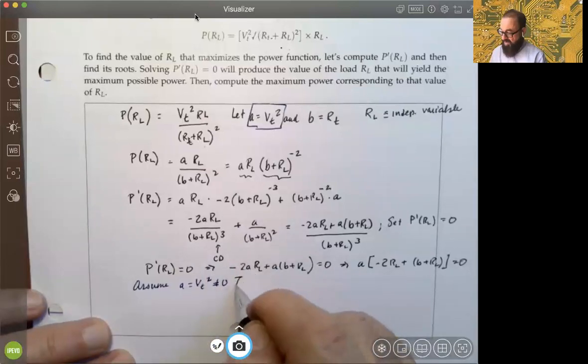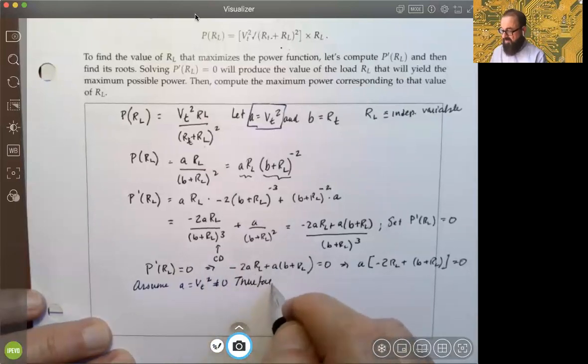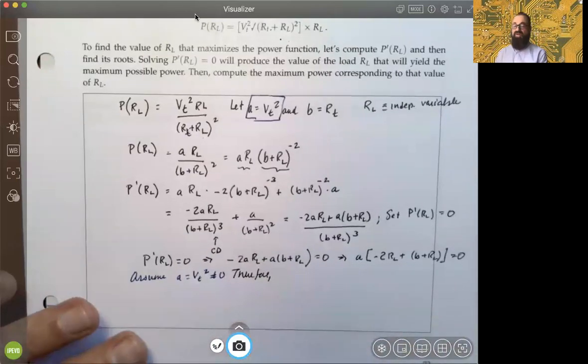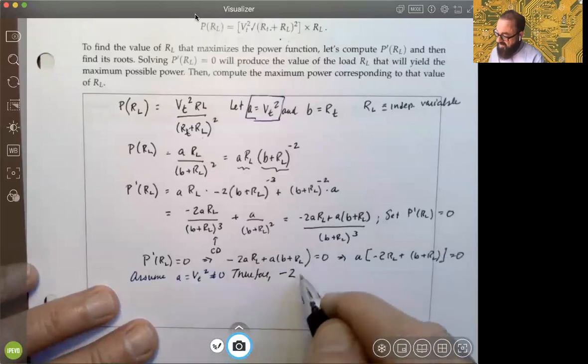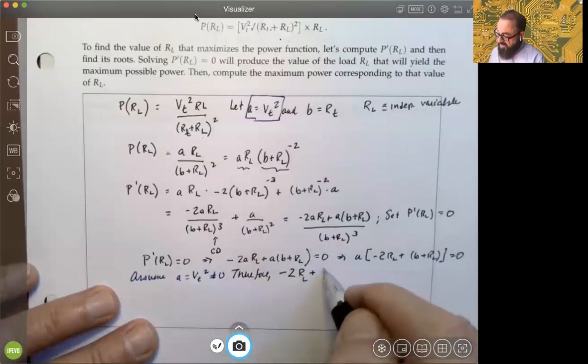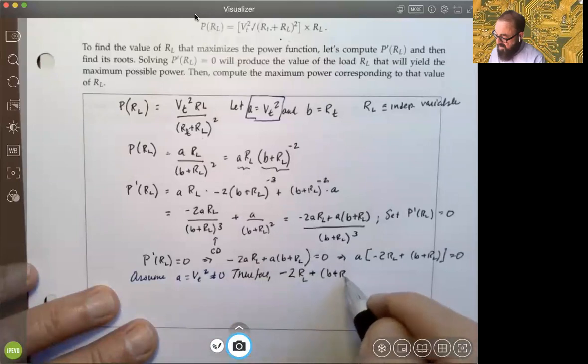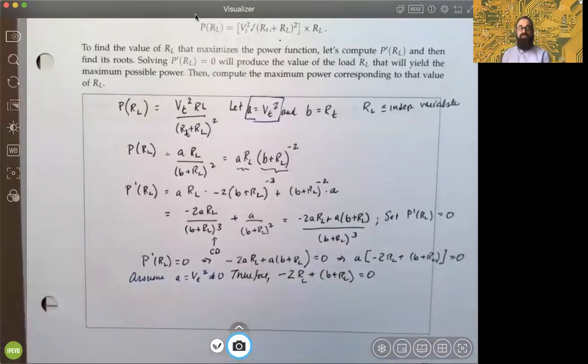Therefore, for that derivative to be 0, the other part has to be 0: minus 2 times R sub L plus the quantity B plus R sub L has to be equal to 0. Just simple logic there. And then what does that really say?